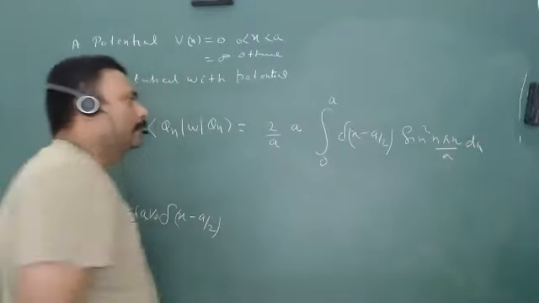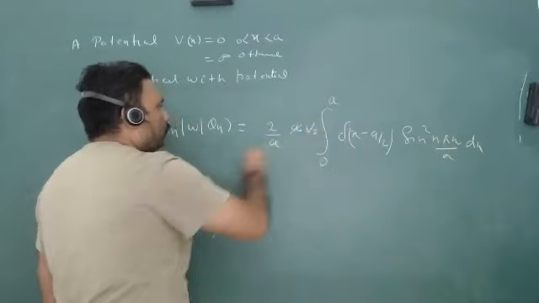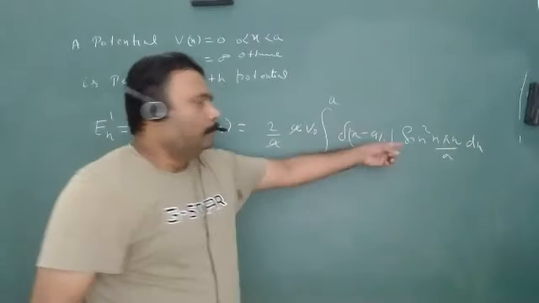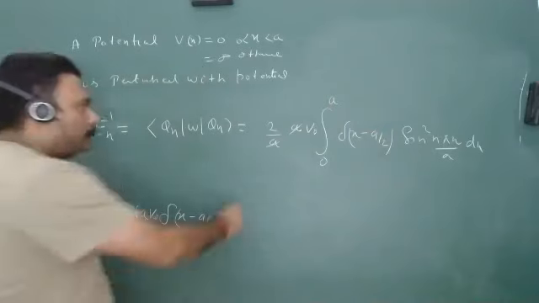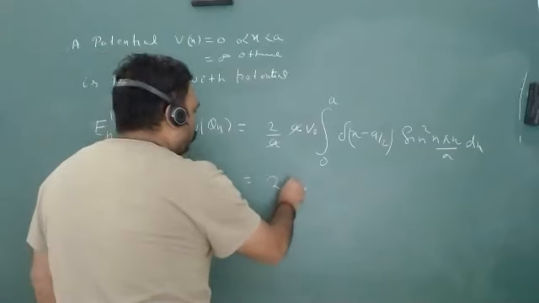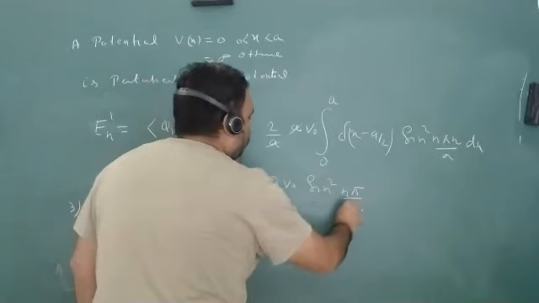I will take 2 by A outside, and V naught is also there. So this and this will cancel. What will be this value? Sine square n pi by 2. Very good. So this value is equal to 2V naught sine square n pi by 2.